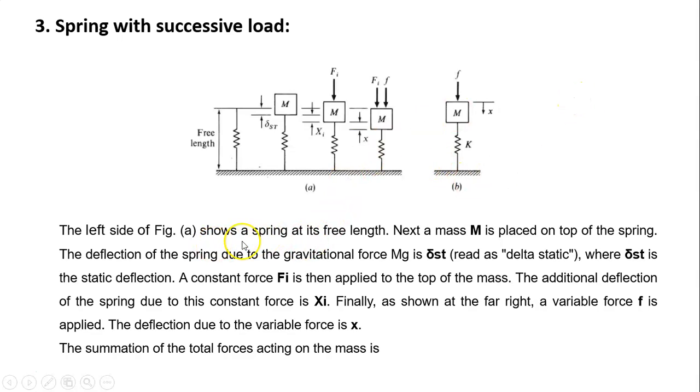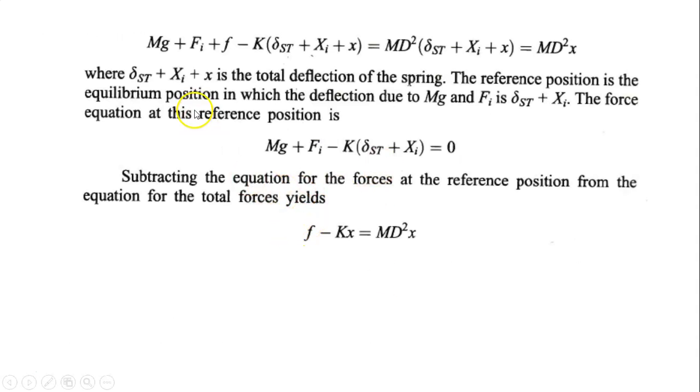Therefore, whatever is written here, I have explained. The summation of the total forces acting on the mass is mg plus Fi plus f minus k into bracket delta St plus Xi plus x is equal to m D square into bracket delta St plus Xi plus x, where delta St plus Xi plus x is the deflection of the spring.